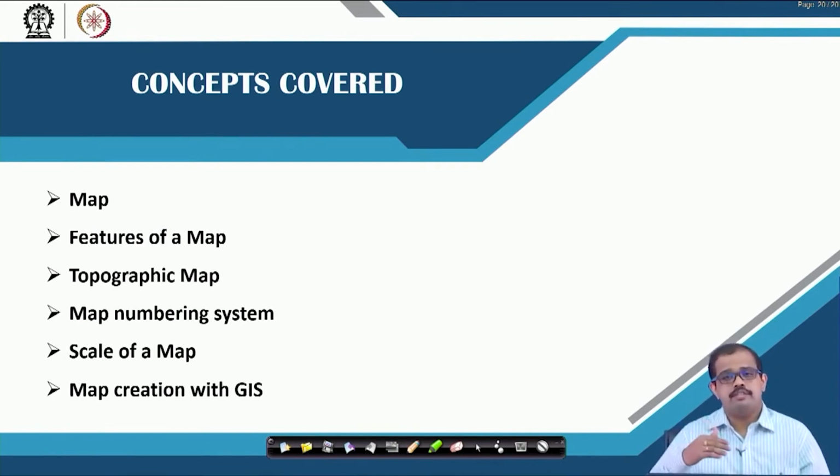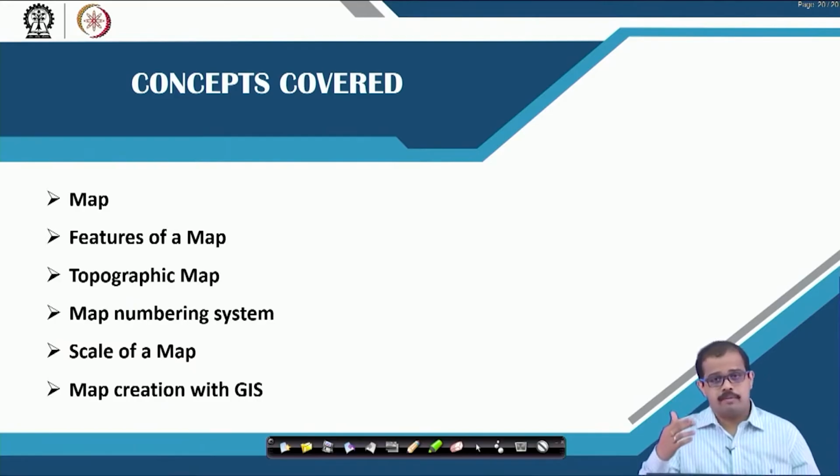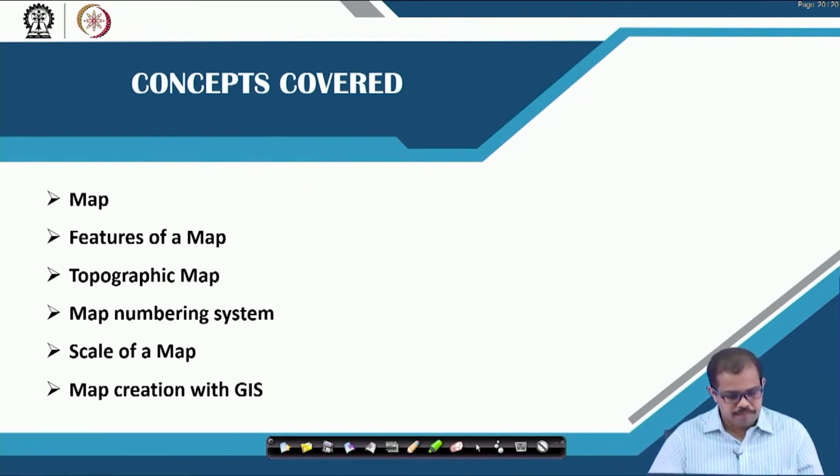Once we have understood it, we will look at the scale of a map, how we represent that scale, and then map creation with GIS. I am slowly starting with how you actually do a practical analysis using a GIS platform. If you can understand these, it will be easy for you to work on the practical sessions when we start looking at them.